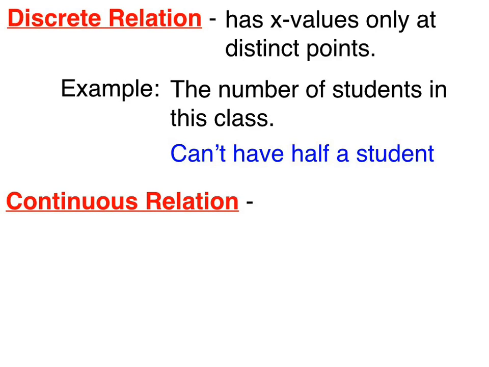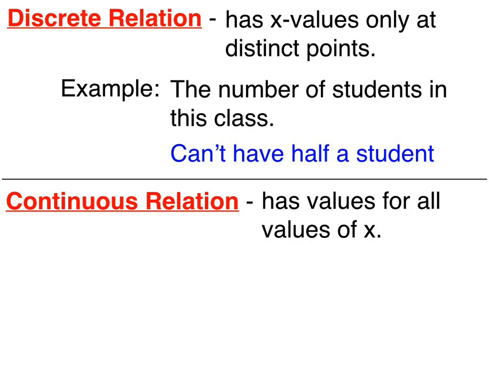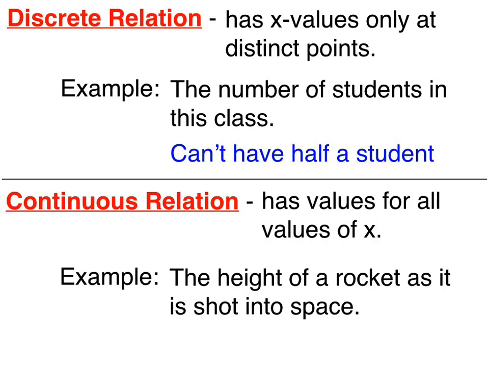A situation where it does make sense to connect them all together is called a continuous relation. So we have to think about those things before we start connecting our dots together. So if you did do that, erase it. The dots should not be connected together in a line in this one.